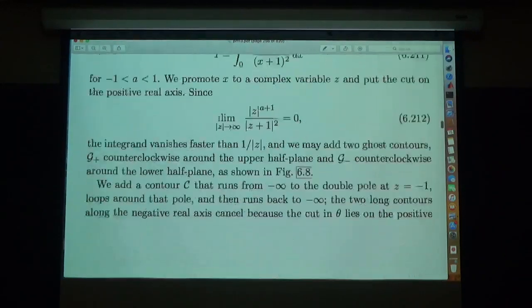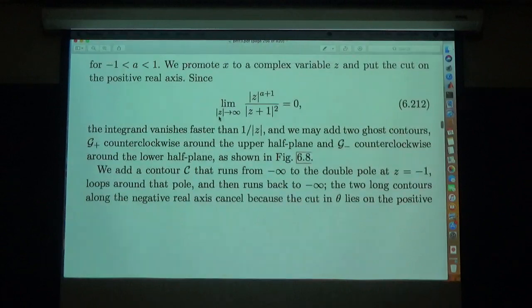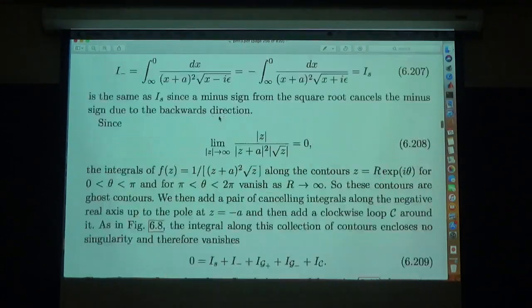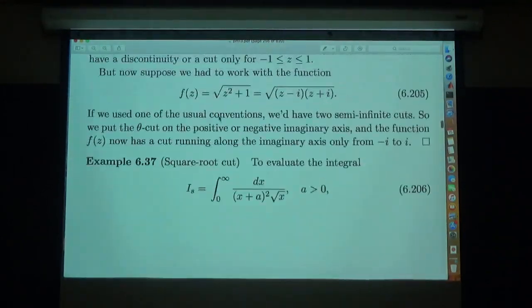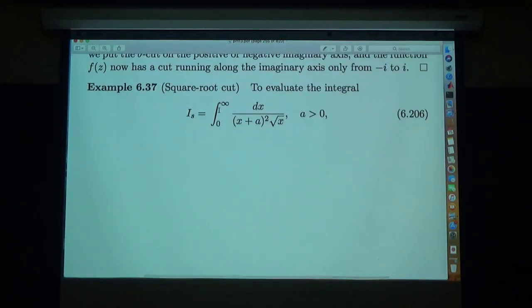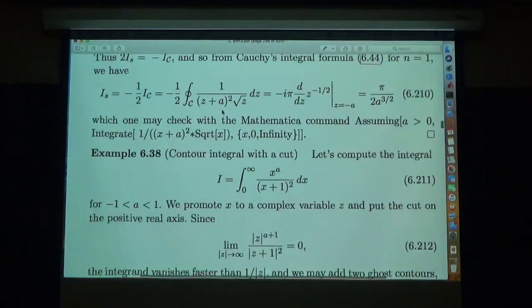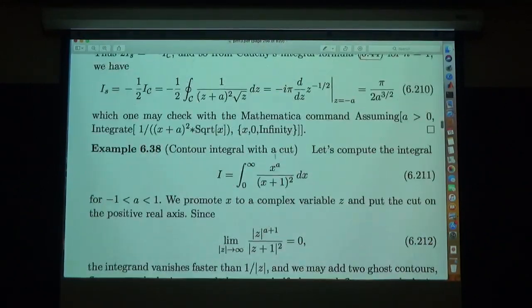So here are more examples of such things, and I guess maybe we should go through one of them. Let's in fact do this one.